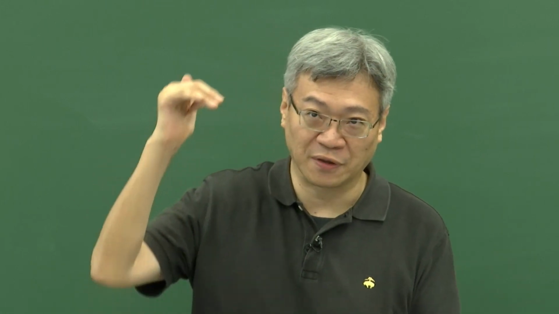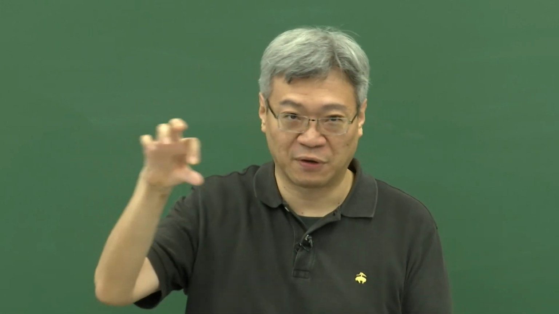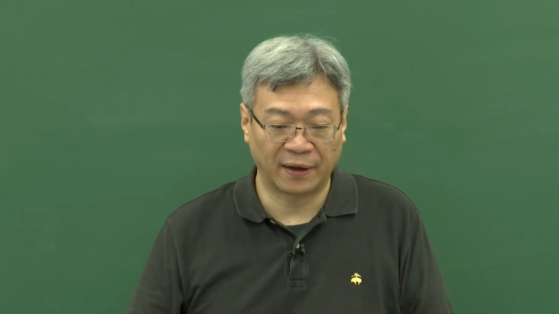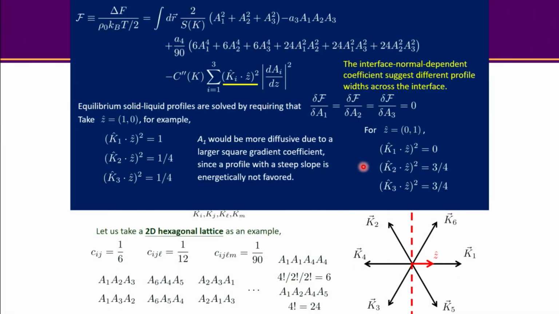So in the phase field equation, you already see that the lattice structure in contact with liquid, the atomic structure, is already different, right? So you are expecting the surface energy to be different. But here, I do the same thing. If I just change the interface normal to be in the y direction, you can see those three square gradient coefficients are going to be quite different.